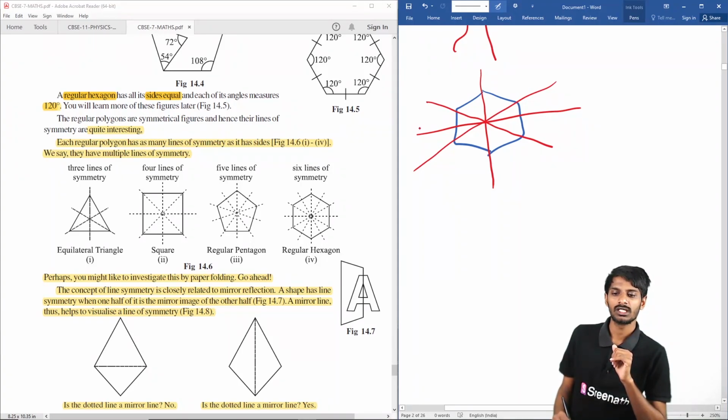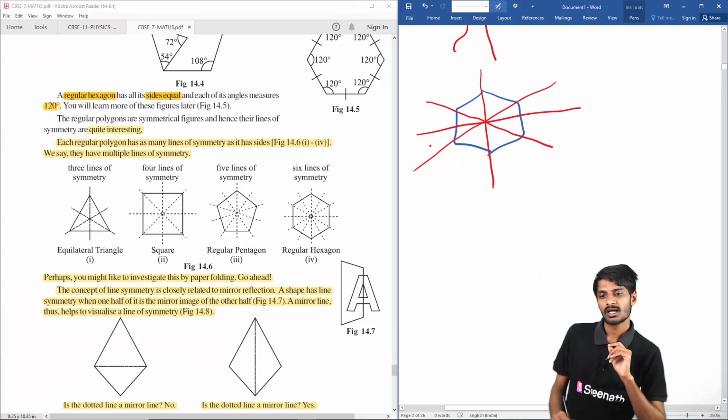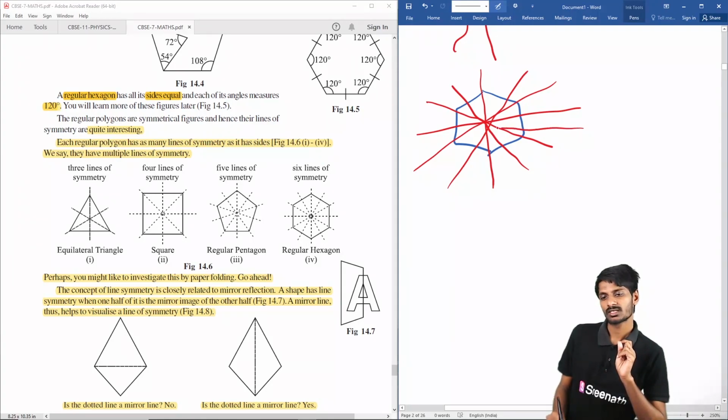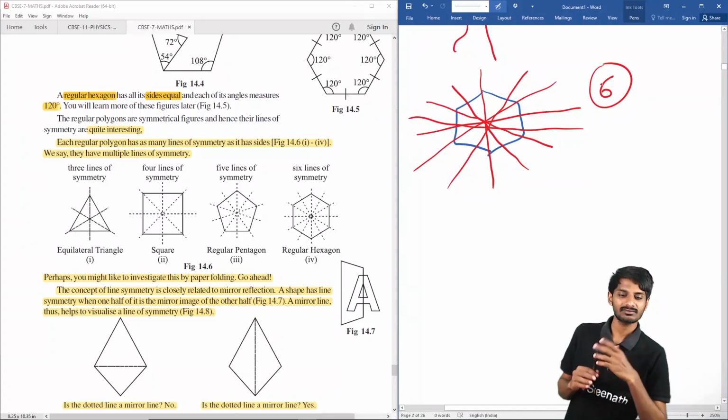Okay, 1 2 3 means 3 lines of symmetry. And there are still symmetrical lines around this line and around this line. We are having symmetries, and around this line we are having this. So 6 lines of symmetry we are having. That's the beauty of the subject, my friends.